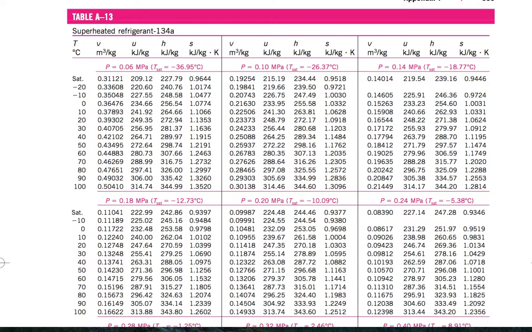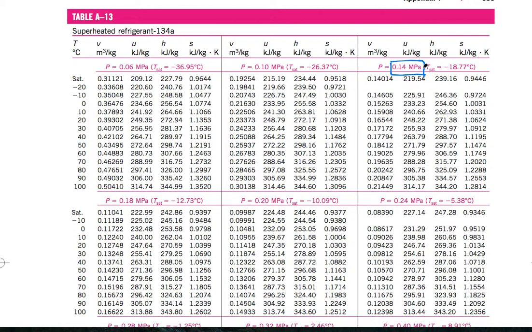Each block represents one particular pressure. Because my pressure is 140 kilopascal, that's 0.14 megapascal, this is the block I need. Then I look for the temperature of my system.